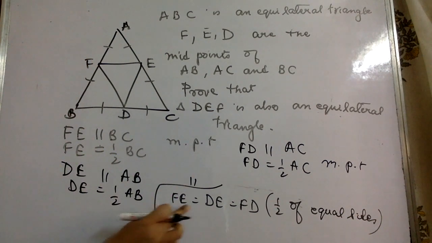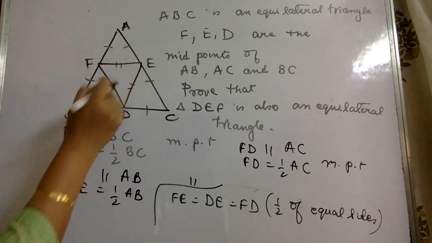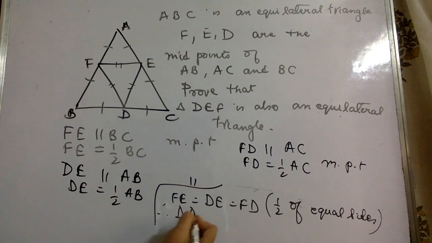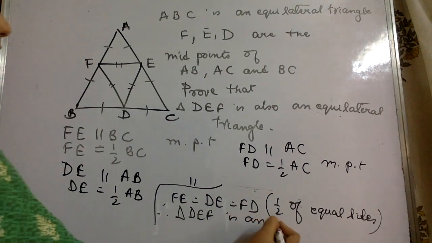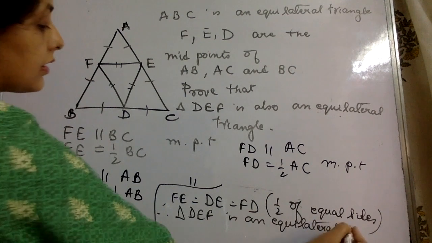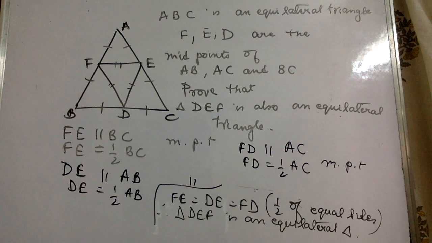Therefore, since FE is equal to DE is equal to FD, that is, these three are now equal, triangle DEF is an equilateral triangle. Okay, hence it is proved. So with midpoint theorem you can see that we have proved it very easily.